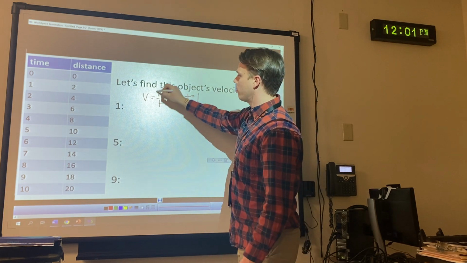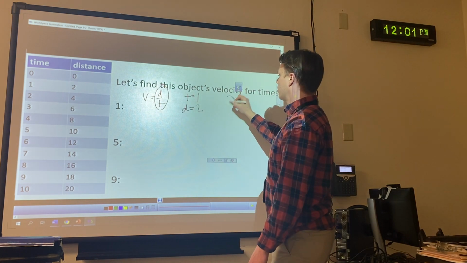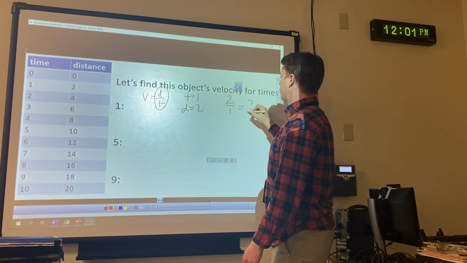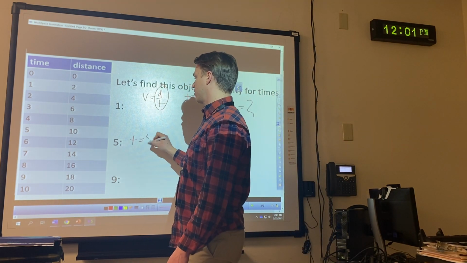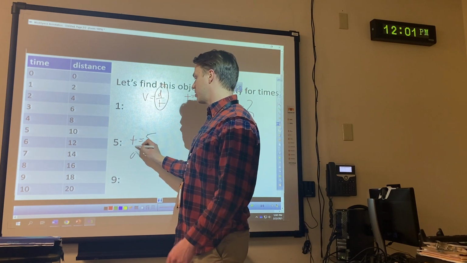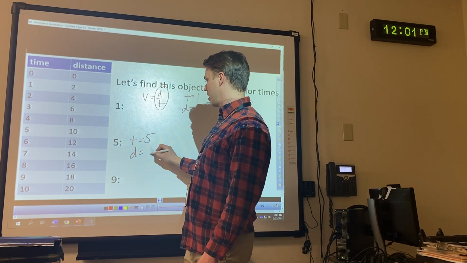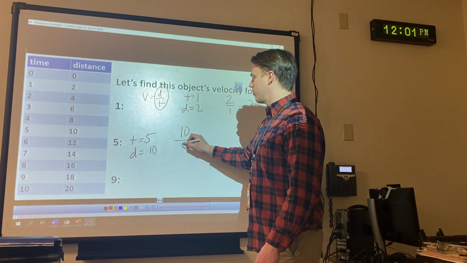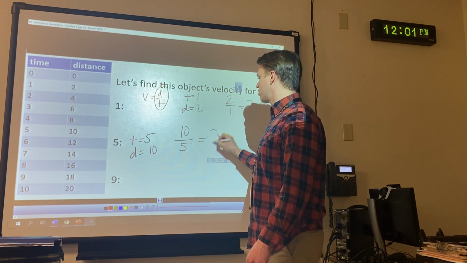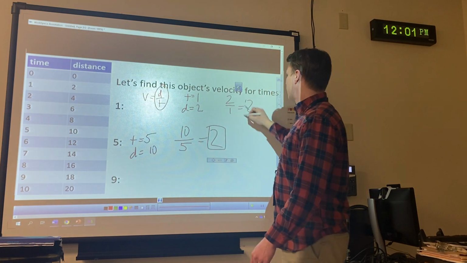So for the velocity formula, we have distance over time, 2 over 1 equals 2. Let's try 5 out. The time is 5, right? The distance is going to be 10. So if we plug that into the formula, a distance of 10 divided by a time of 5, that equals 2 again. So we're finding a nice consistent value.